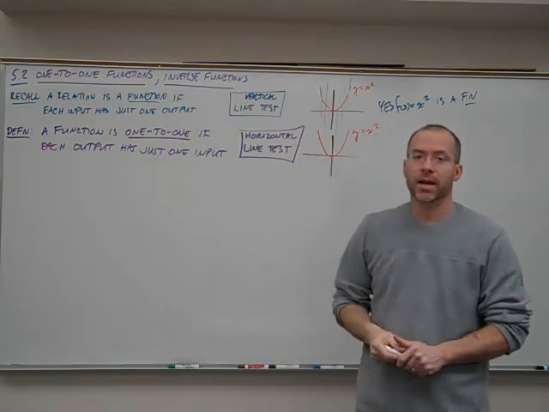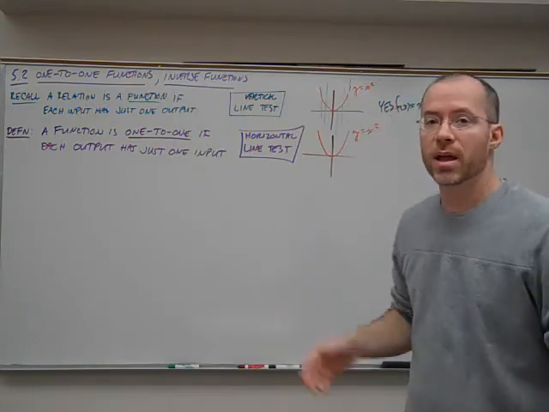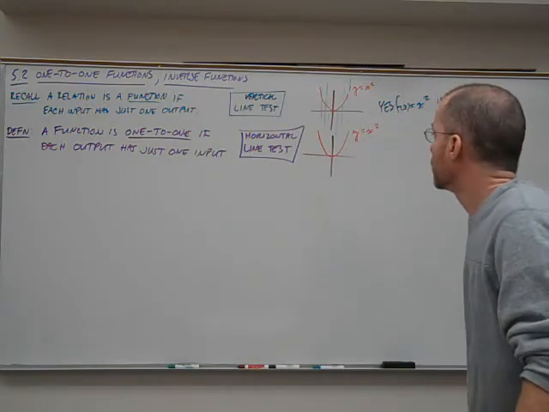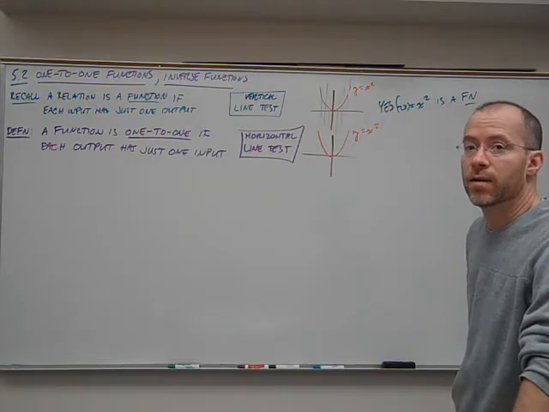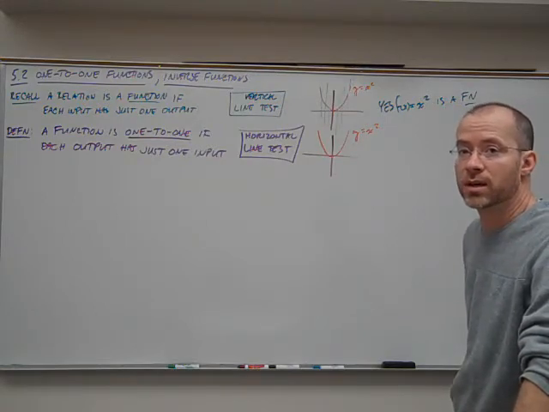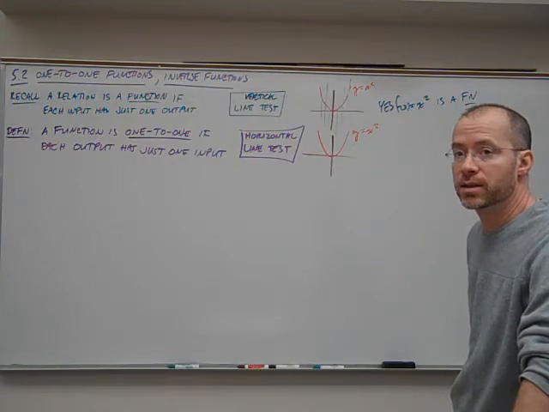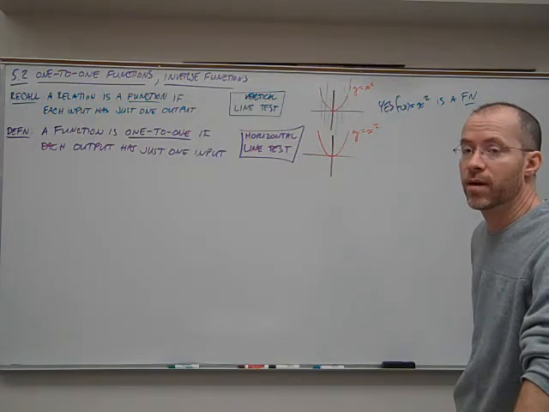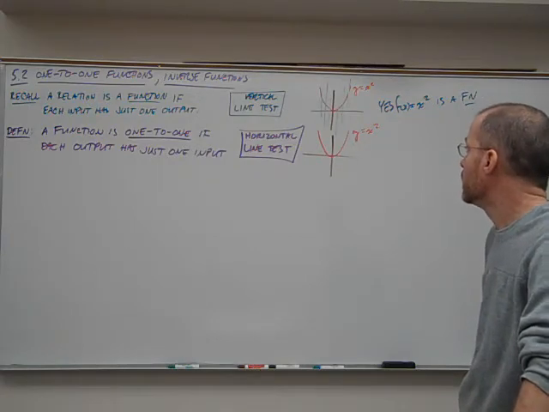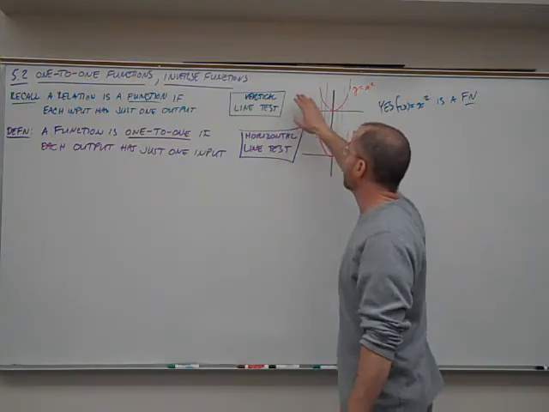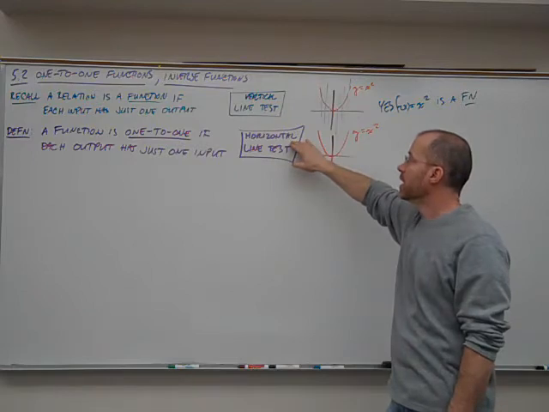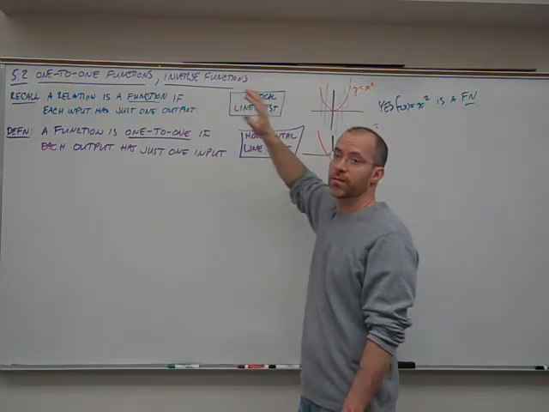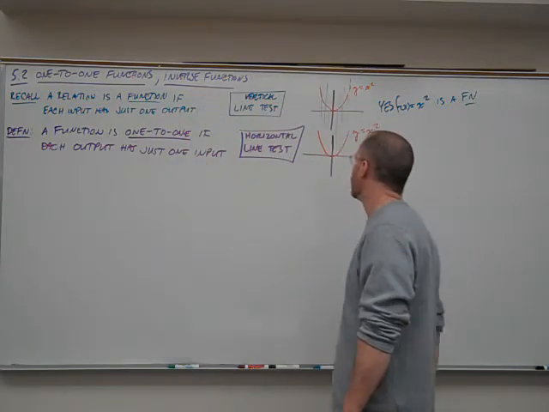The horizontal line test says a function is one-to-one if no horizontal line cuts the graph of f of x in more than one place. So the horizontal line test is exactly like the vertical line test, only substitute the word horizontal, and instead of testing to see if something's a function, you're testing to see if it's a one-to-one function.